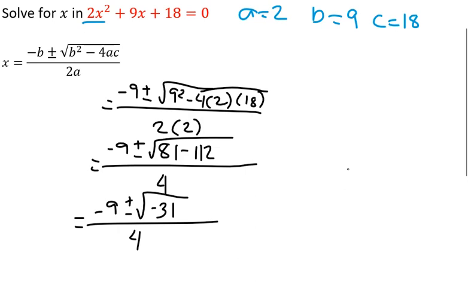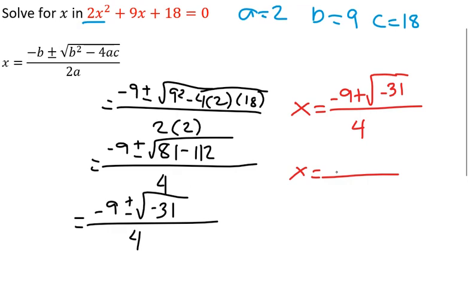So, ano yung mga values ng x natin? X is equal to negative 9 plus square root of negative 31 over 4. And x equal to negative 9 minus square root of negative 31 over 4.